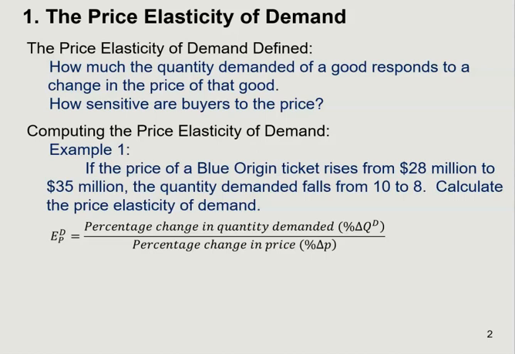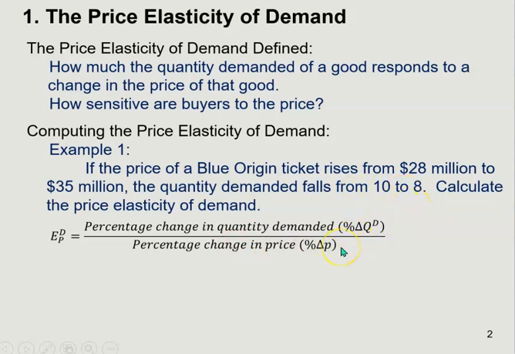Here, the small triangle is delta. That's a Greek letter, stands for change, right? So percentage change in quantity demanded over percentage change in price. And here we need to figure this out based upon the numbers we had in the question.